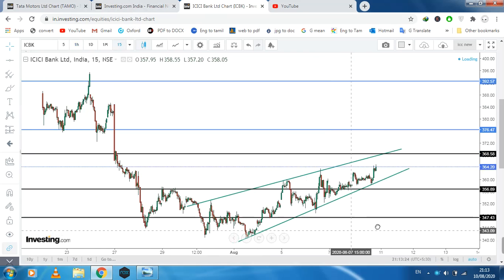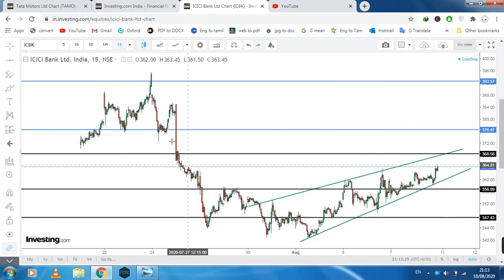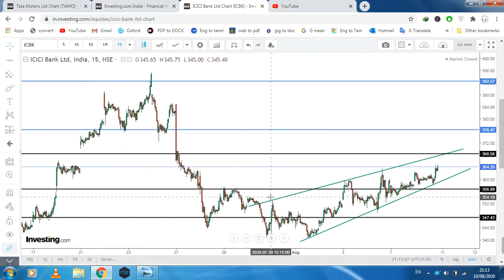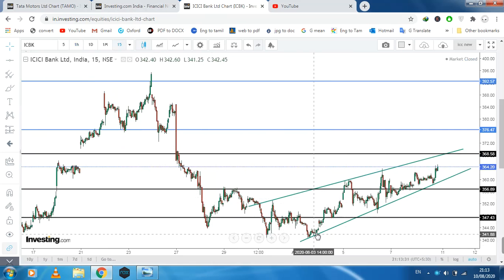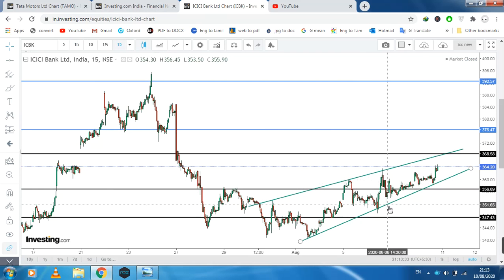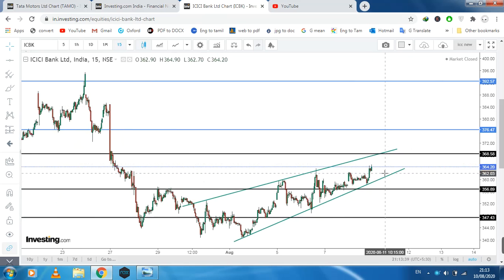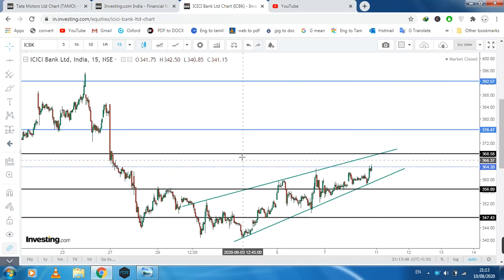The current market is coming to a good resistance. So one touch, one and two, two and three, three. What do you think about this current market? It has a chance to reach this rising wedge line, and this is a good resistance on the hourly chart.